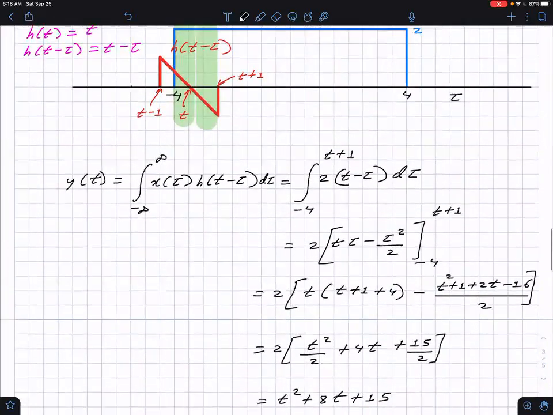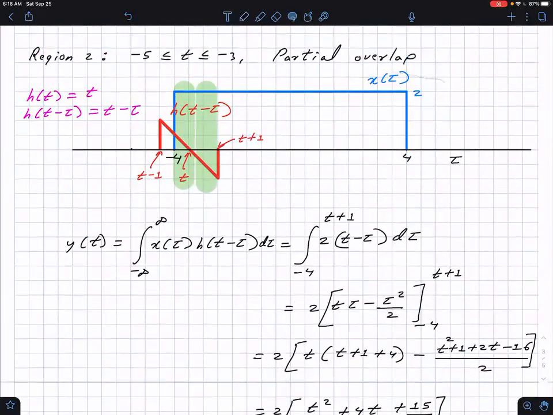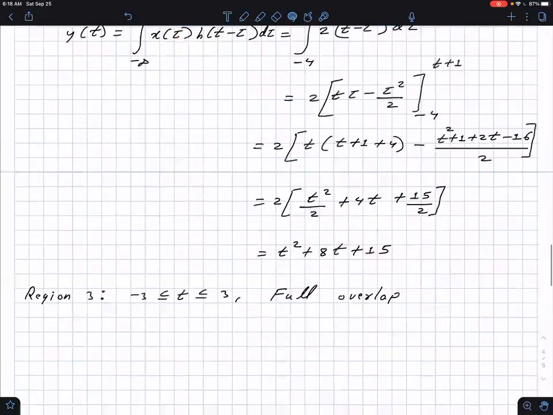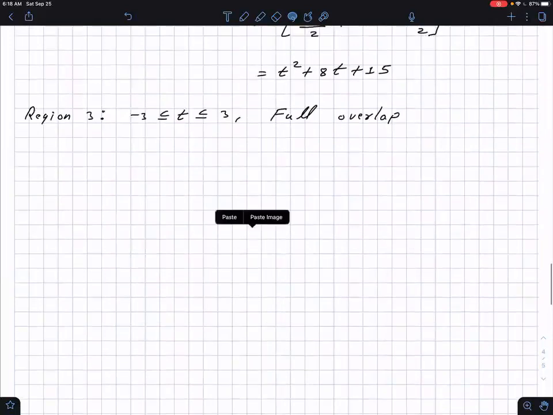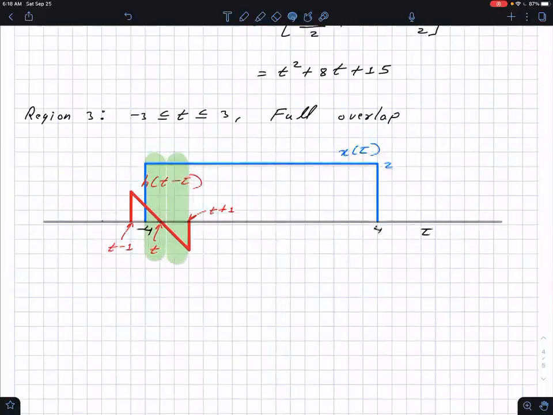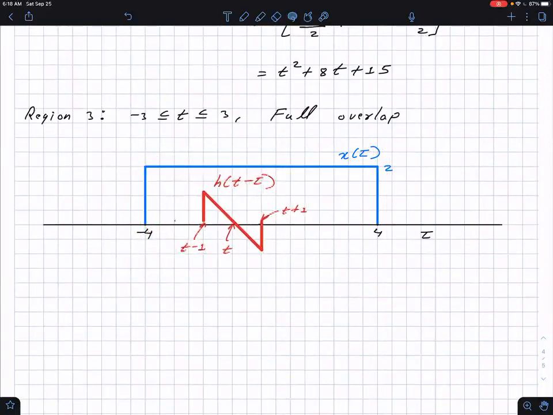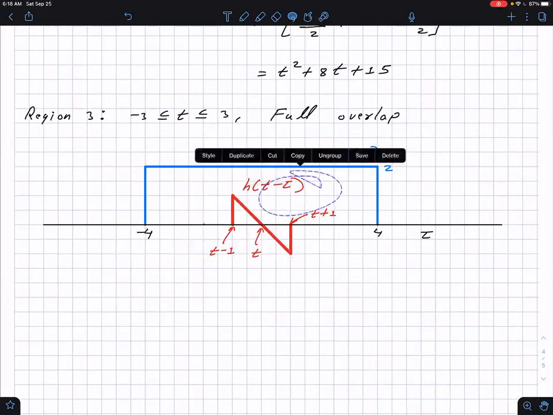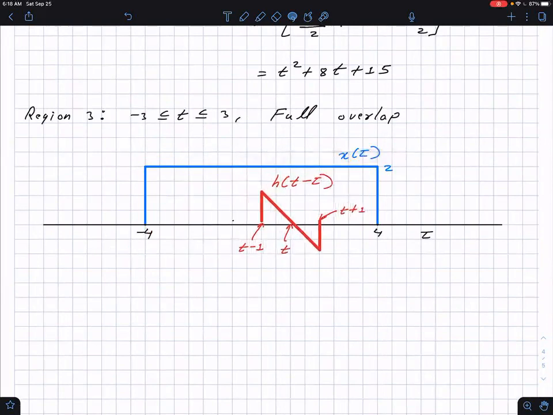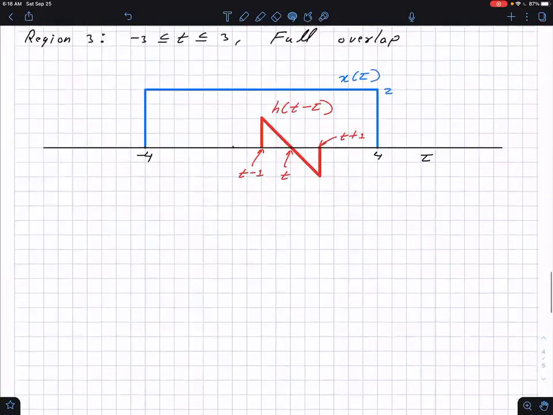So let's draw a graph to show how the two functions look for this range of t. We'll see full overlap, so maybe somewhere here. And let's draw or shade the overlapping section.